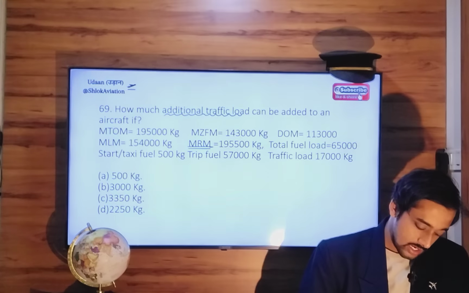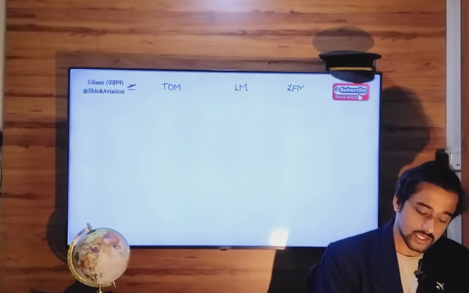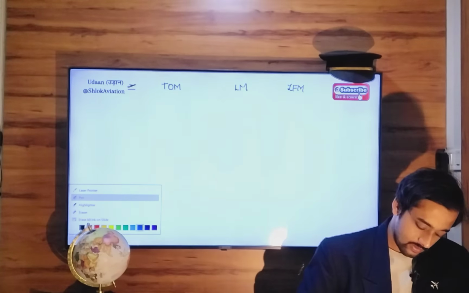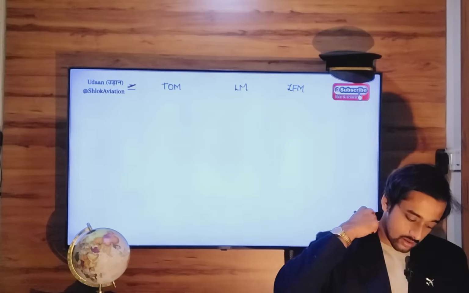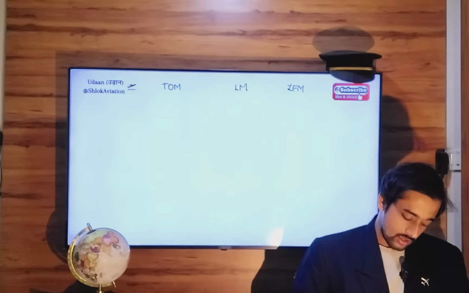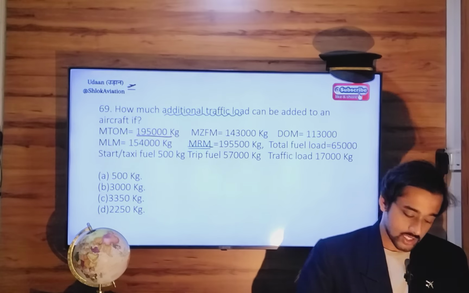Again, let's make three columns: one for takeoff mass, the second for landing mass, and the third for zero fuel mass. In the takeoff mass column, we write the takeoff mass value given in the question, which is 1,95,000 kg.